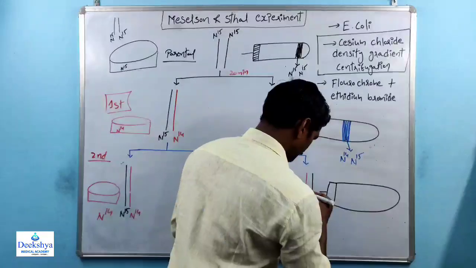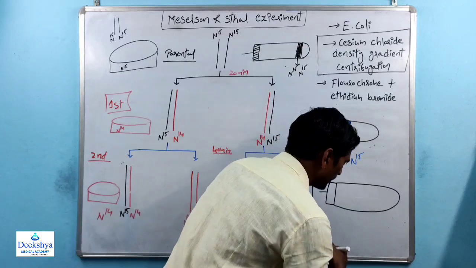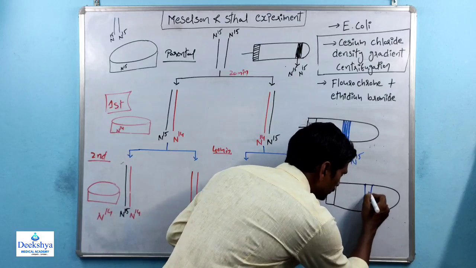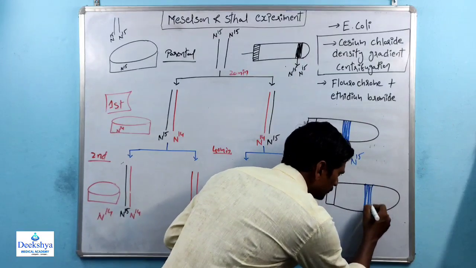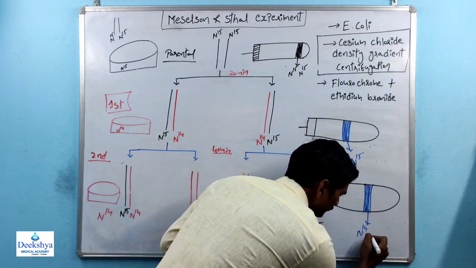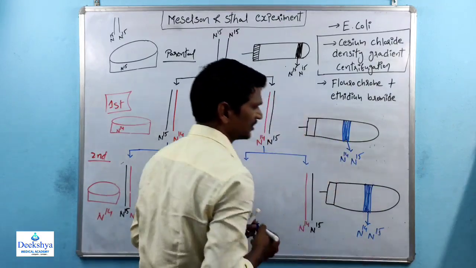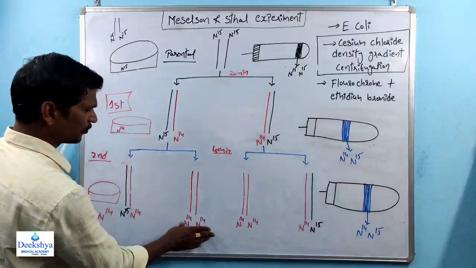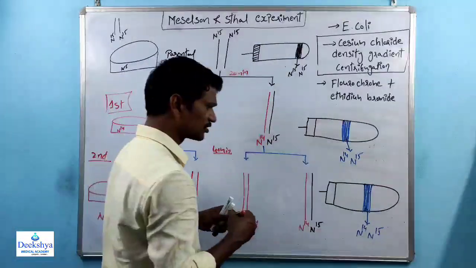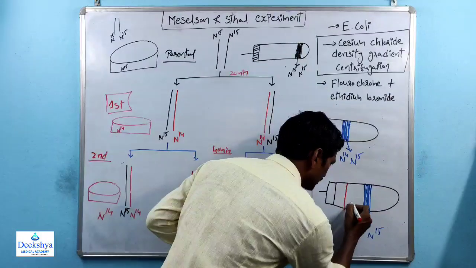At the middle of the tube, one band is produced. We know about this one: one is N14 and another one is N15, right? And there are N14, N14 and N14, N14, another two molecules. These also produce a band.